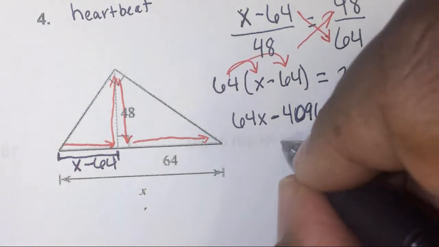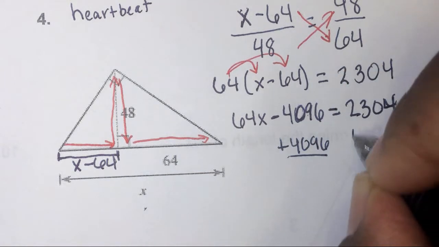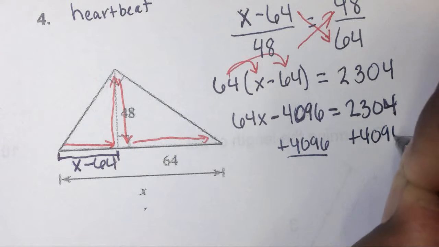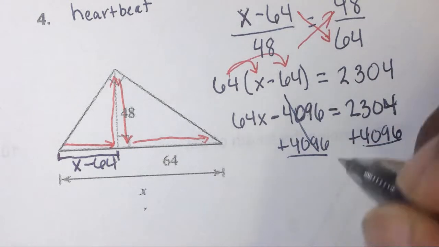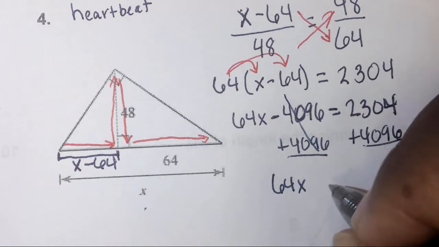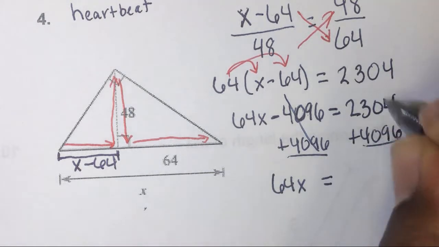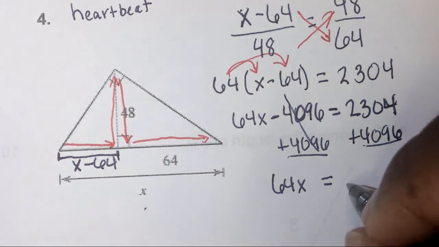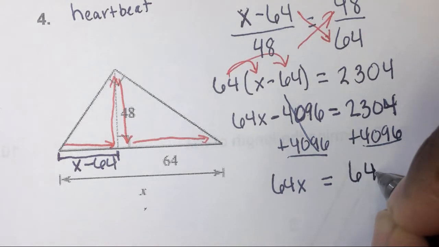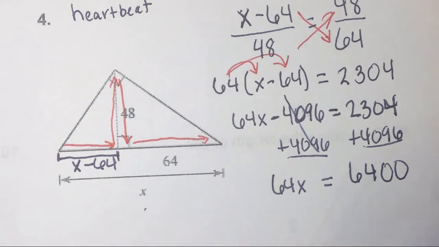Alright. Adding 4096, whatever. What you tell me the full answer? 64x equals what? Say it one more time. 6400. Man, Jaquan, you messing up video.